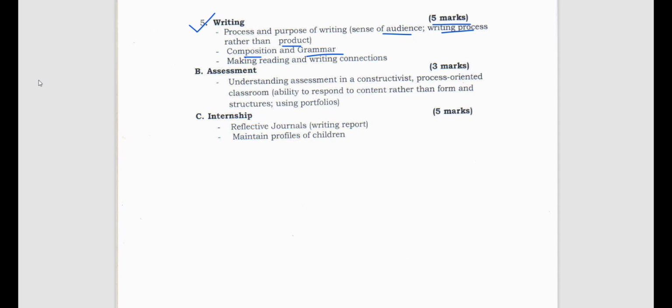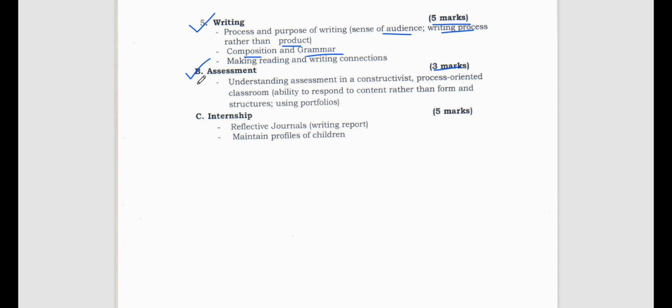Right? Then we do the part B, that is assessment. This assessment is for 3 marks. So understanding assessment in a constructivist, process oriented classroom, ability to respond to content rather than form and structures using portfolios. So we'll be focusing on assessment, understanding the assessment in constructivist approach or in the constructivist way.